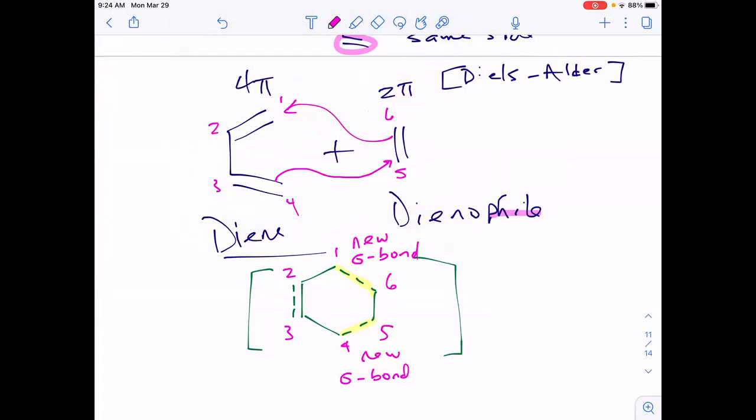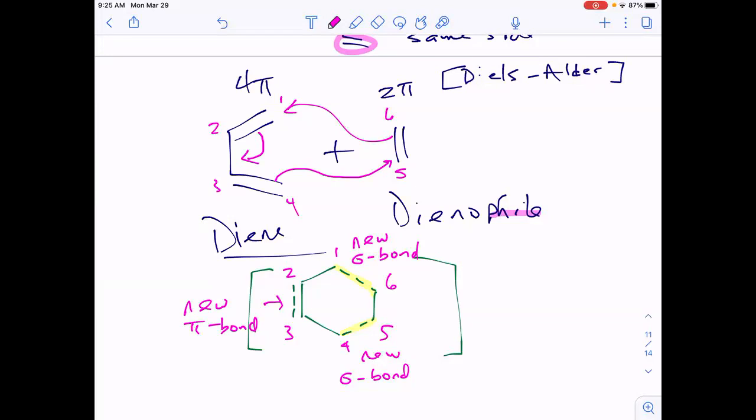And then the fact that carbon 1 already has 4 bonds, already has a full octet, I'm going to shift this over between 2 and 3. So here, that's when you get a new pi bond. That's why we call it pericyclic, because the electrons only move within this 6 atom array.